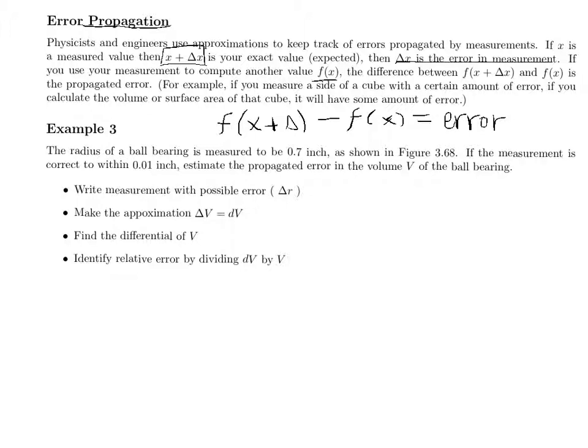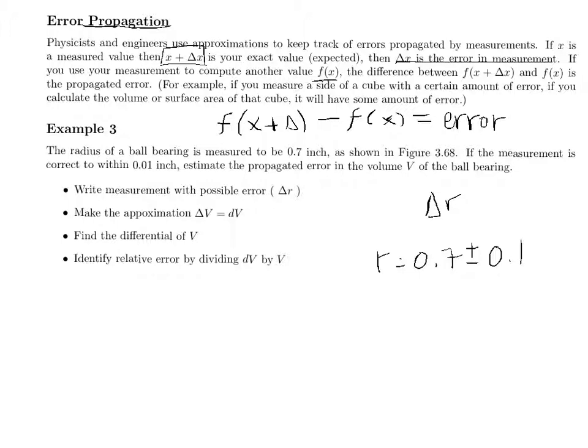So if it's correct to within 0.01, then that means that the error, delta r... you could say it this way: r equals 0.7 plus or minus 0.1. Have you seen things written that way before?